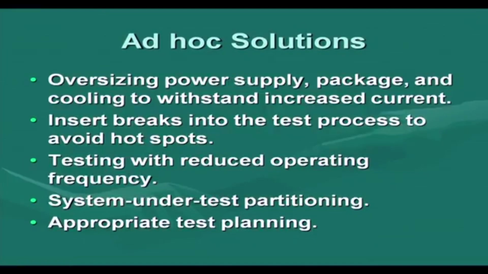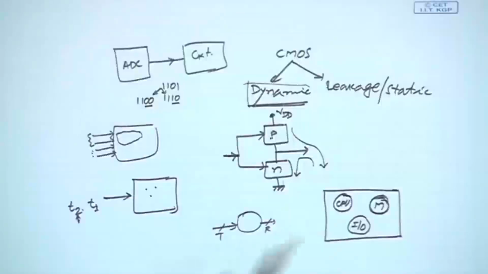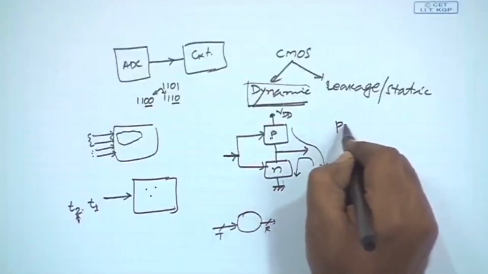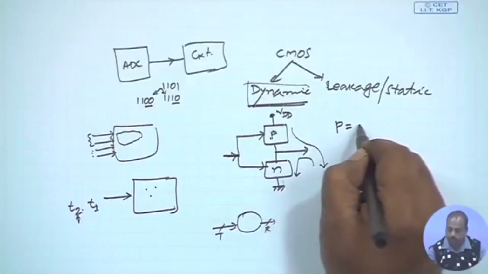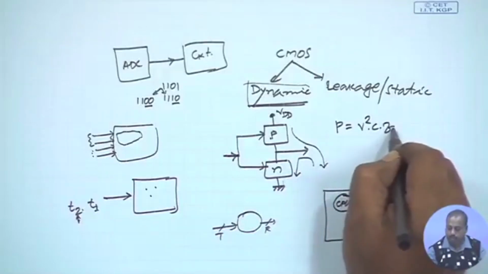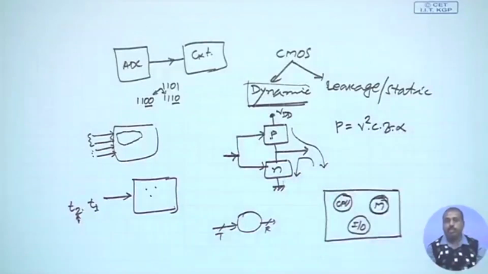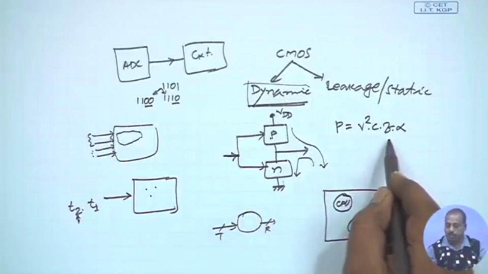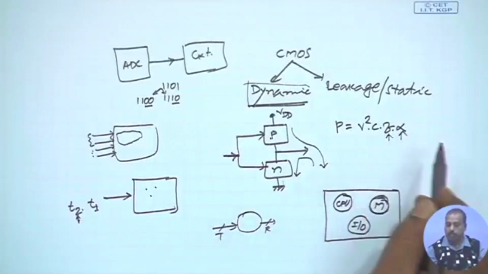Then testing with reduced operating frequency. This is the other possibility. You know that the dynamic power consumption in a CMOS circuit is proportional to V squared, the supply voltage, into C into F into alpha, where V is the supply voltage, C is the capacitance that switches, F is the frequency of operation, and alpha is the switching activity.